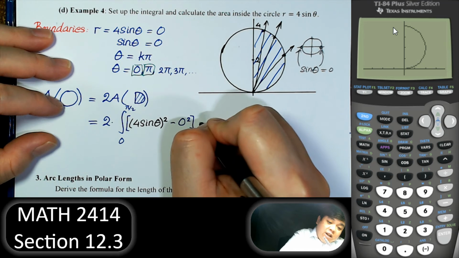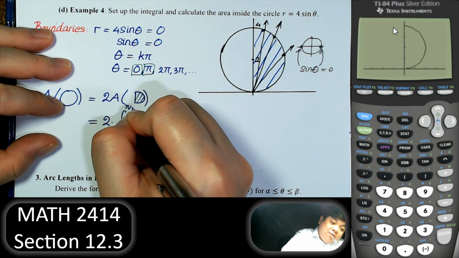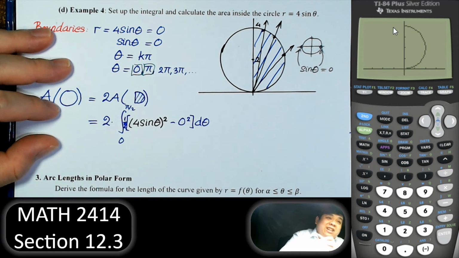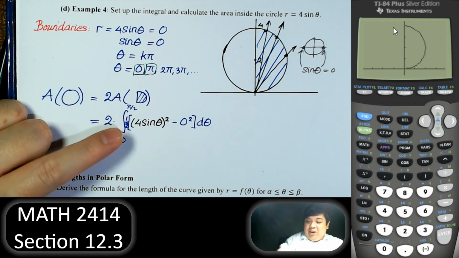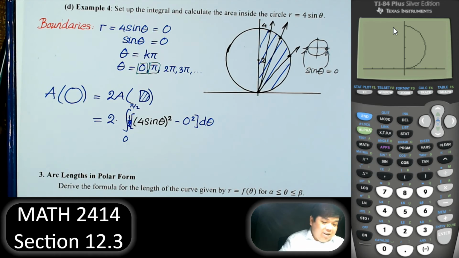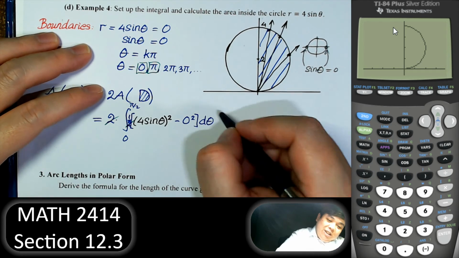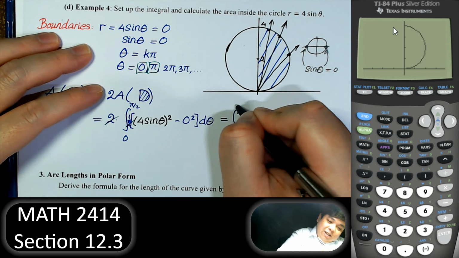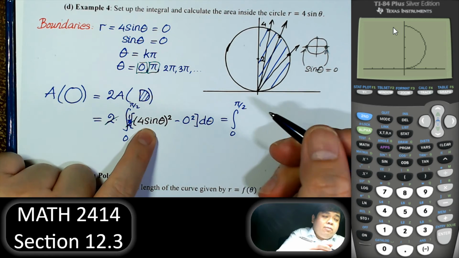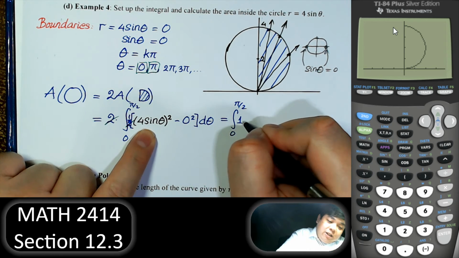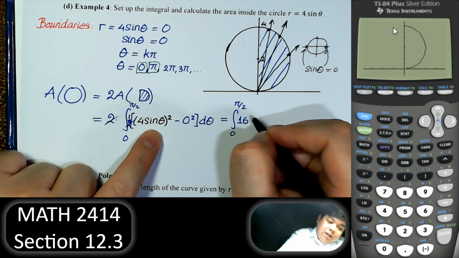And even though this is the last example, I still forgot the 1/2 here. Don't forget that in the area formula, the 1/2 is there. So that cancels with the 2. And this one squared, 16 sine square.